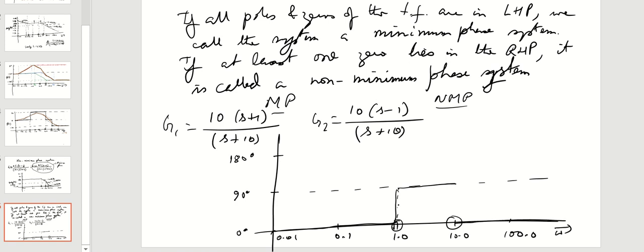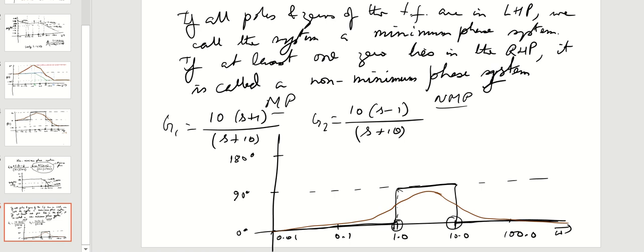So it's something like this, a gross approximation. However, if I want to draw a better plot than this asymptotic approximation, it will be something like this.